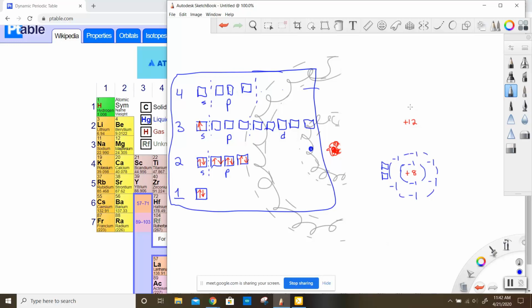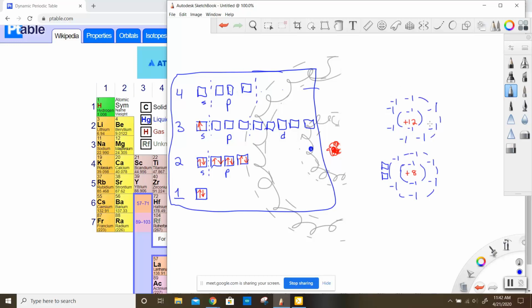Magnesium, on the other hand, we fill up pretty much the same way. There's this, and this, and this, and this, and this, and this. Did I get that right? Yeah. Then it goes to the next layer.